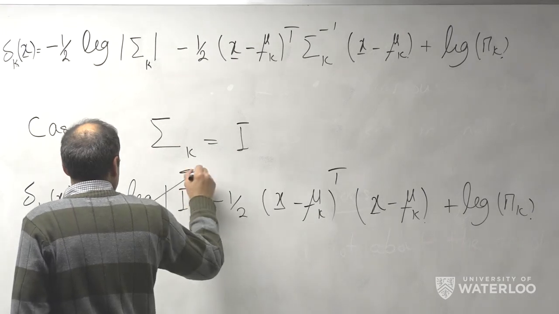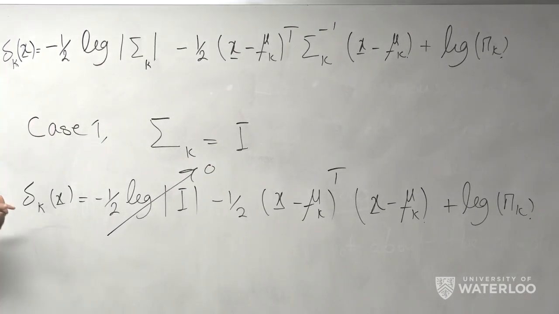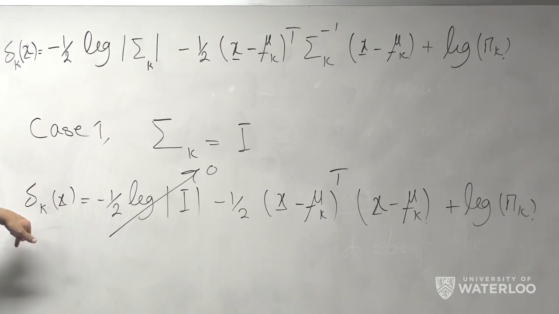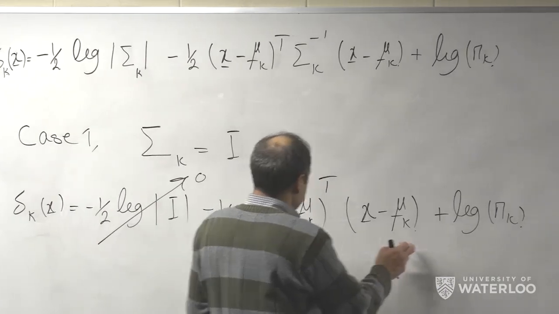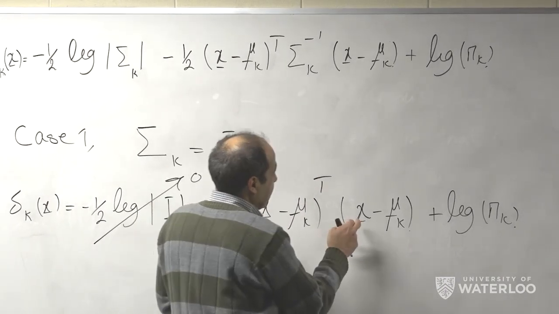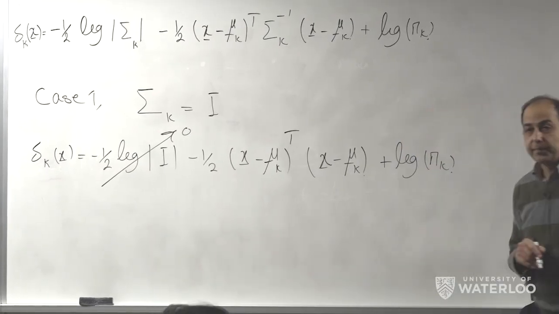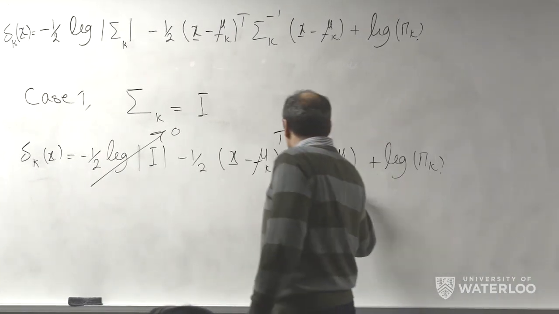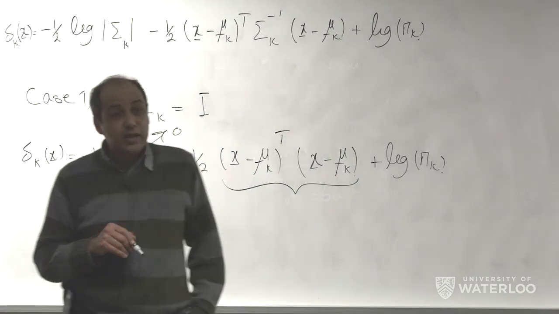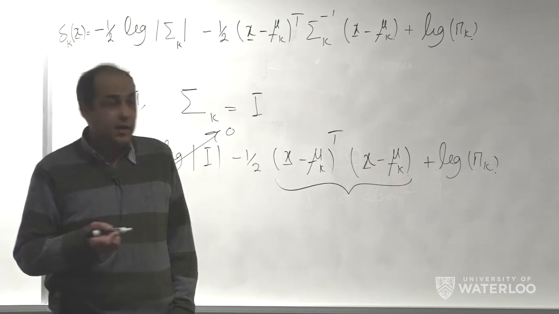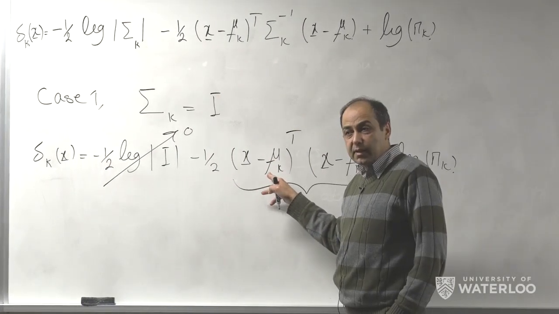The log determinant of I is 0. So when we are comparing delta for different classes, we are comparing this quantity, (x minus mu k) transpose times (x minus mu k), plus log of pi k. We learned that this is the squared Euclidean distance between x and the mean of class k.